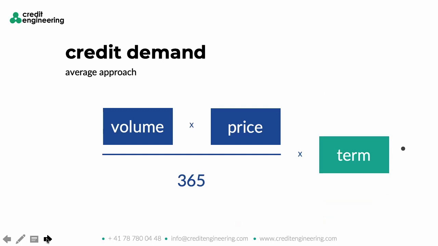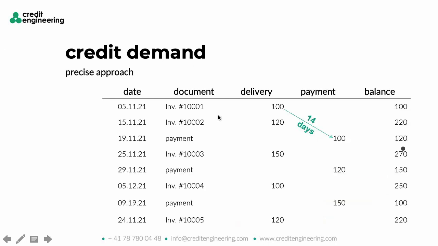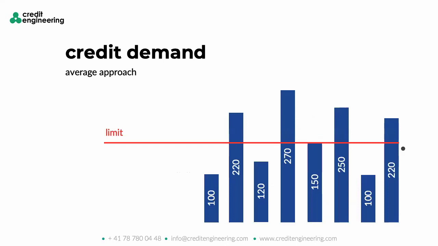If it is for a year or by month or whatever, we need to adapt this formula, or we can do it using continuous balance, and we can define the credit demand, which gives us an example of how much credit is needed to sell, and then how much credit we are able to give. Here is an example of how we can use it, knowing the future sales and the current credit limit.